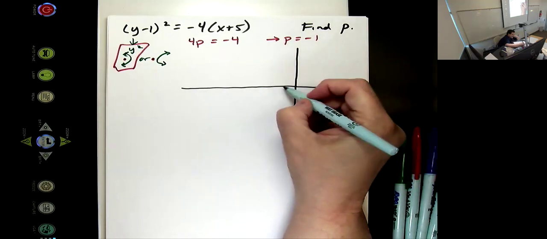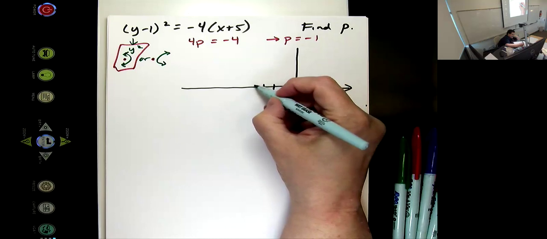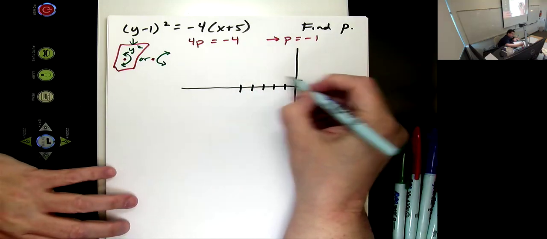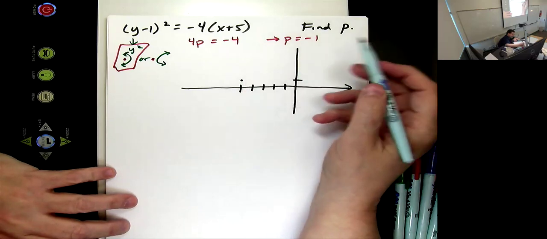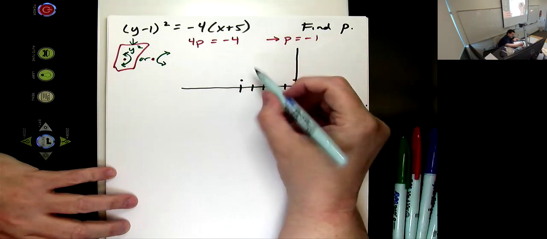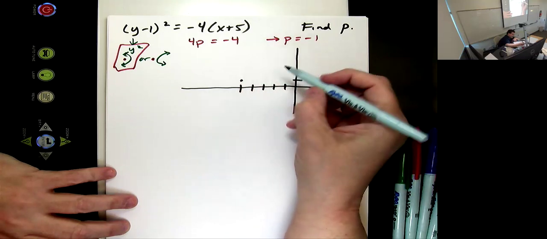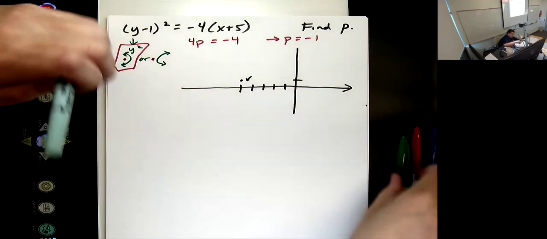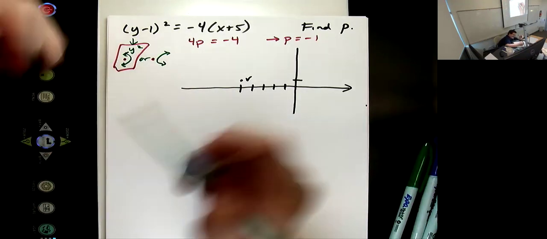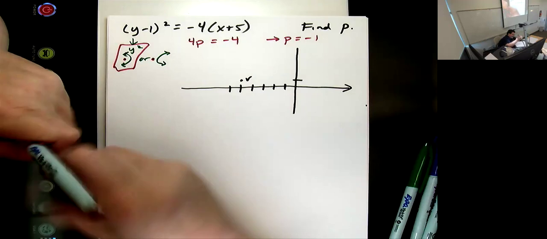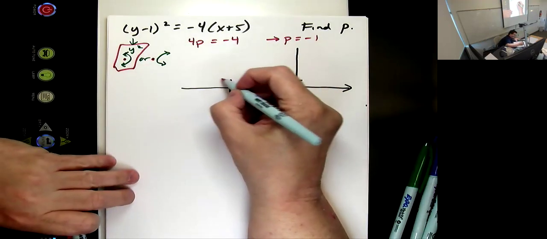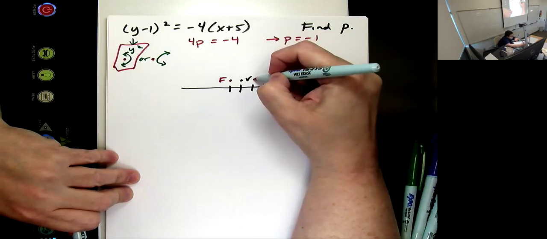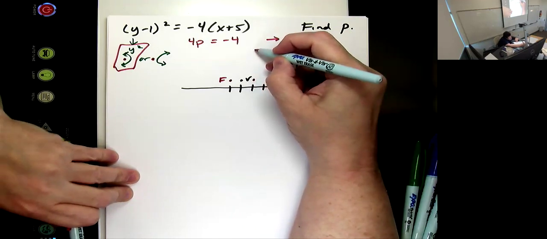So we're doing -5, 1, and that's my vertex. Which means my focus is left 1 more, right here, and my directrix is over here.